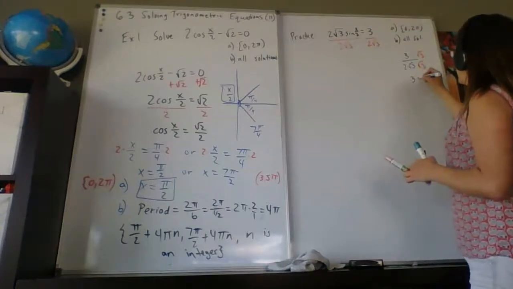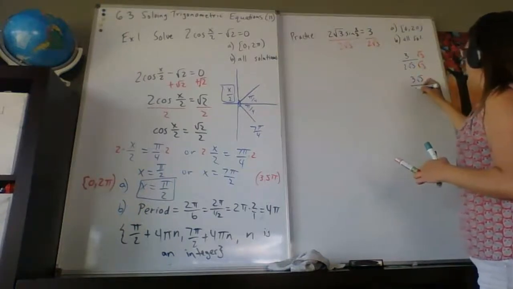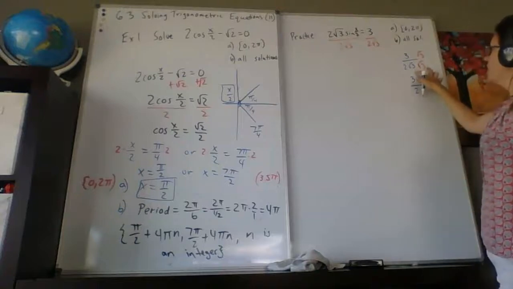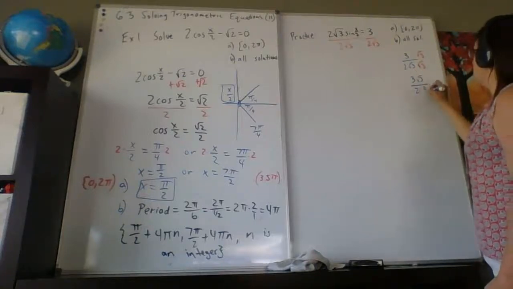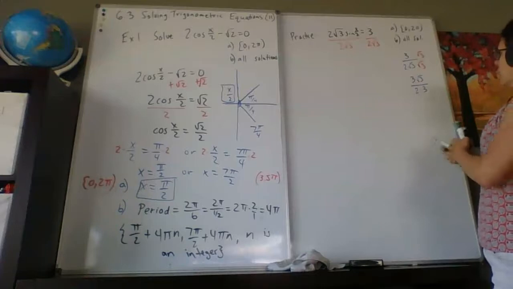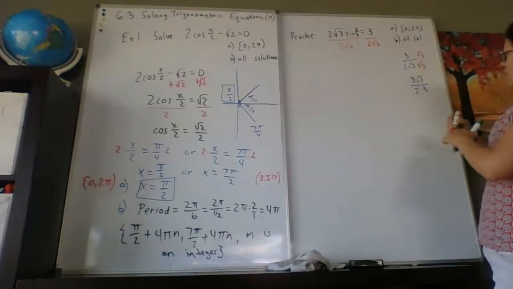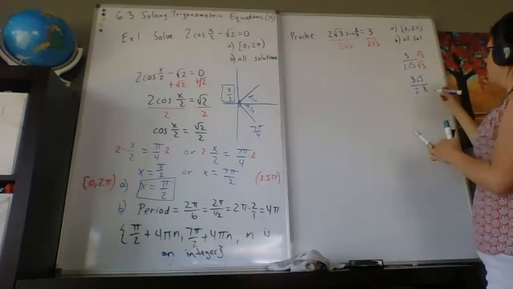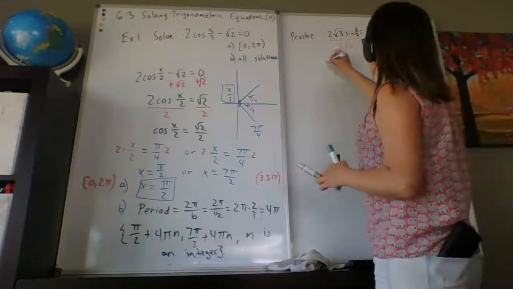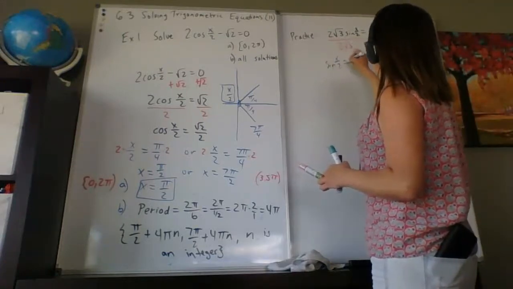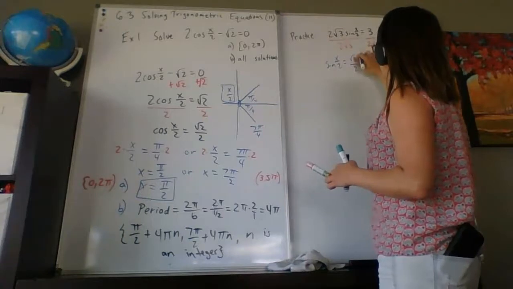And we get 3 rad 3 over 2 times, this ends up being rad 9, or just 3. And we can see here, these 3's cancel, and we're left with rad 3 over 2. So we get sine of x over 2 equals rad 3 over 2.